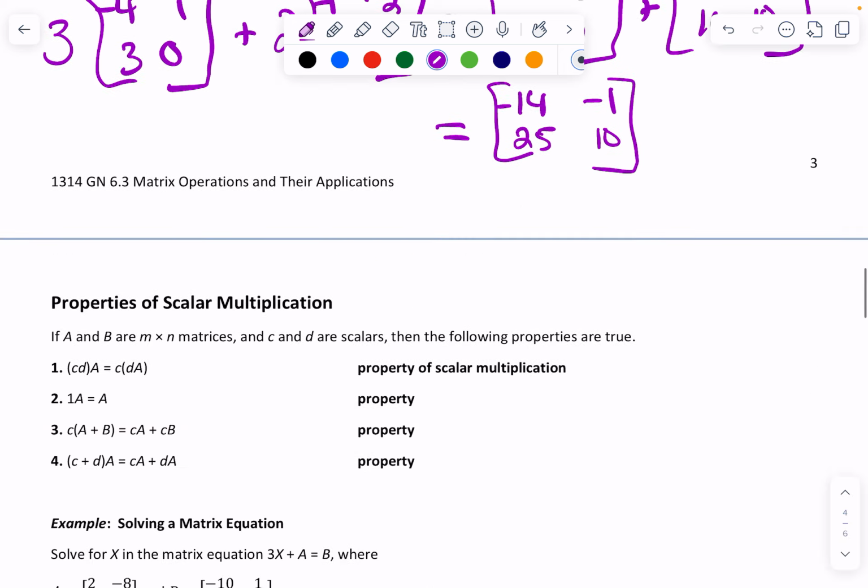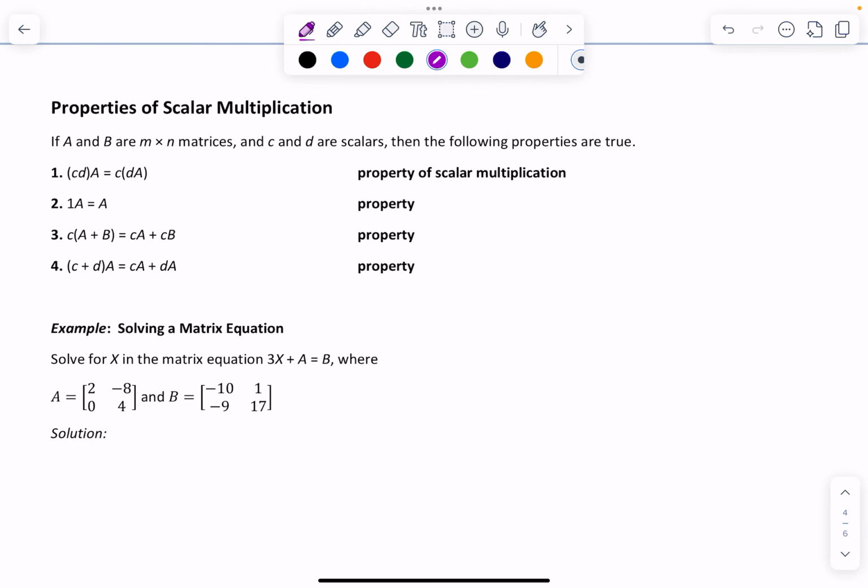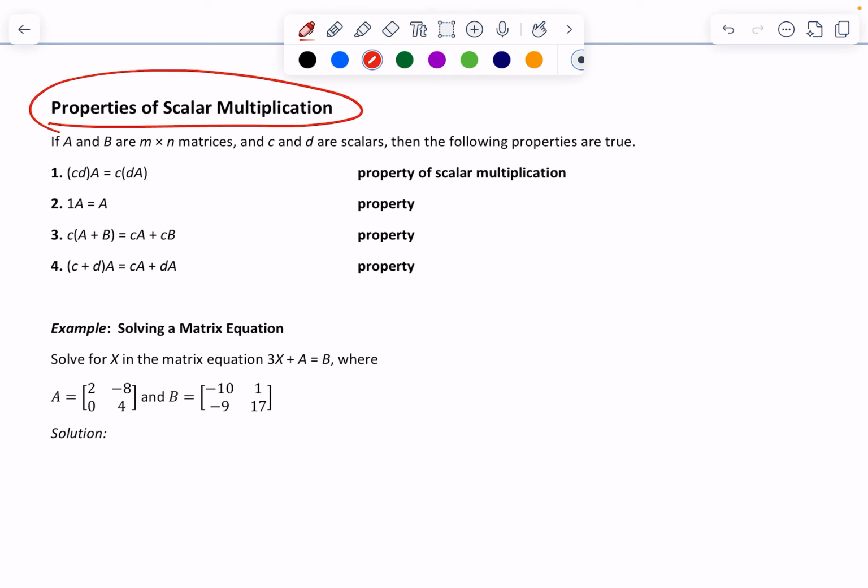Okay, now we're going to look at properties of scalar multiplication. Again, A and B are m by n matrices and c and d are scalars. Then the following properties are true. We can do c times d inside parentheses and then multiply that by matrix A, or we can multiply first d times the matrix A and then multiply that by c.